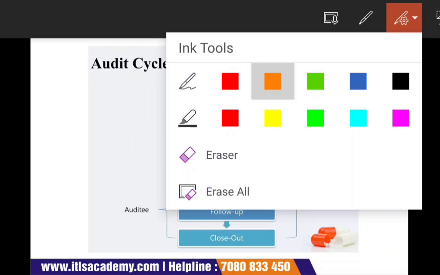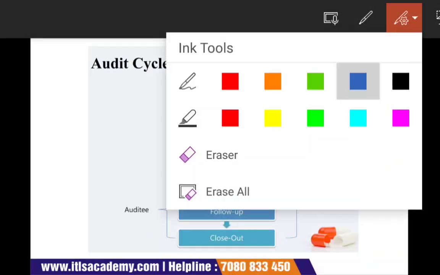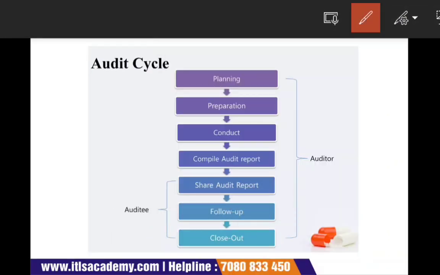If you as a person are going to conduct an audit in a Coca-Cola industry, the first step is to make a plan. How you will do the auditing, planning is the first step. After planning, you make the preparation.